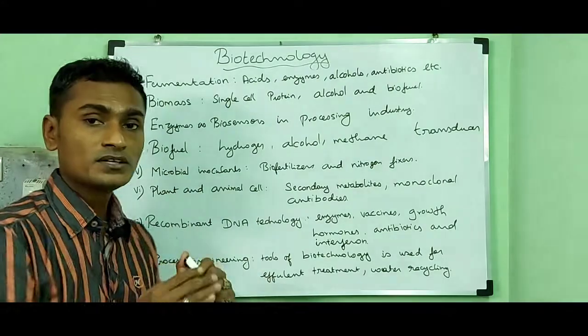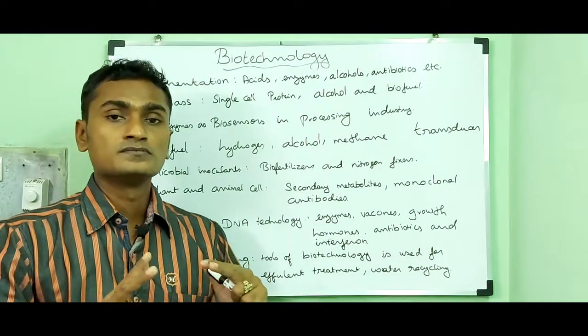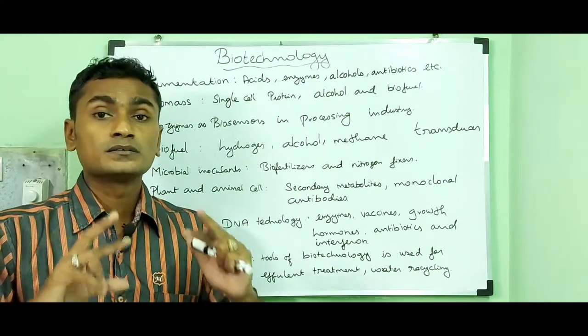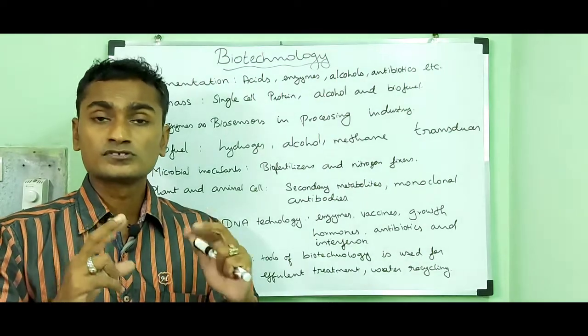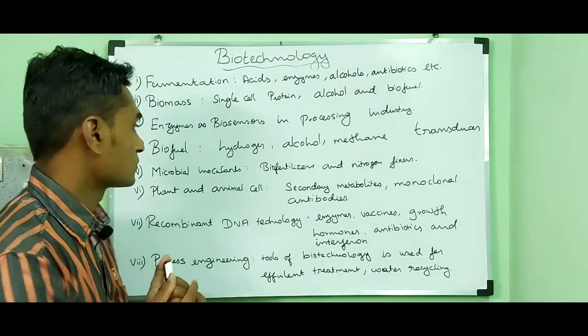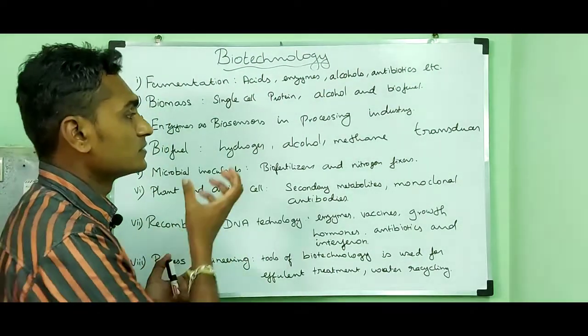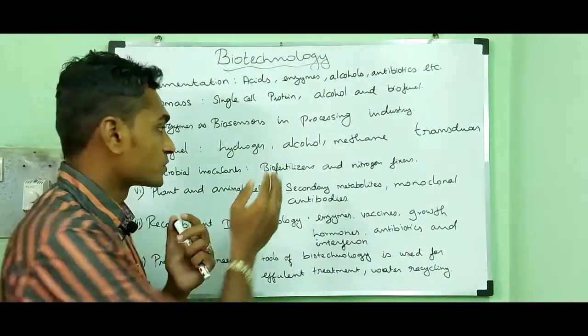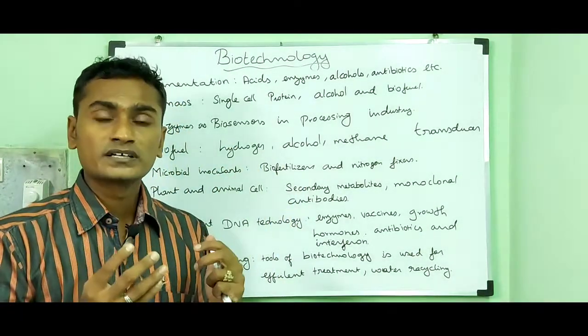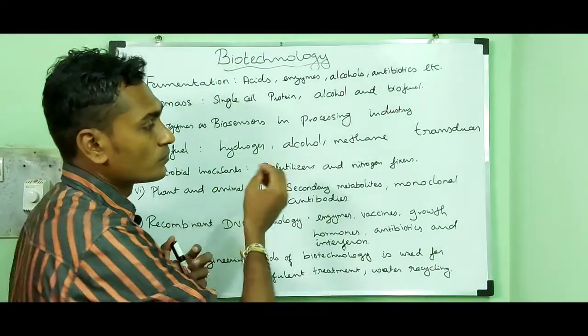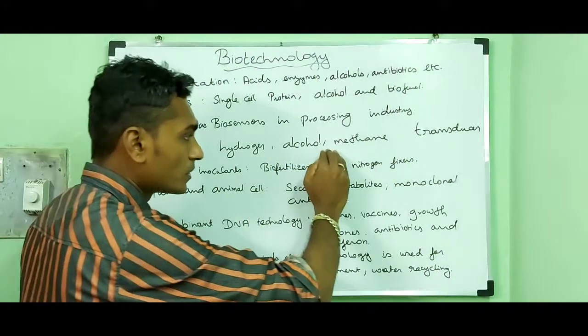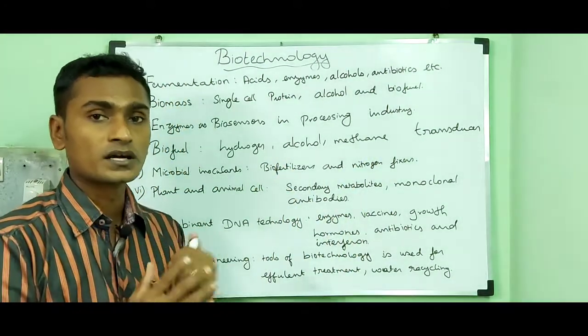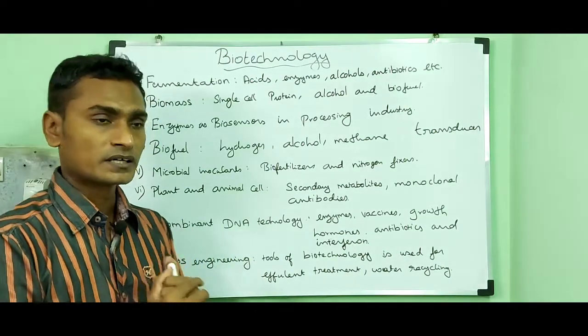So biofuel is a fuel which can be produced by a contemporary process. We can use sugarcane molasses to produce alcohol, and cow dung is used to produce methane gas, that is coal gas or biogas.